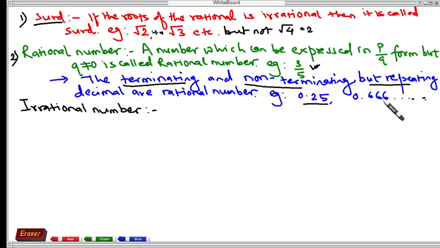Maybe two numbers, three numbers, a group of numbers, or a single number may be repeated. That is a rational number.